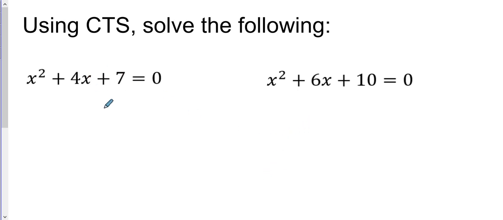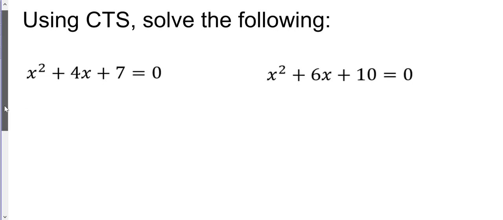So go through the process, complete the square, and then go through the solving process. And unpause once you've had a go. So you should find that you get an error.